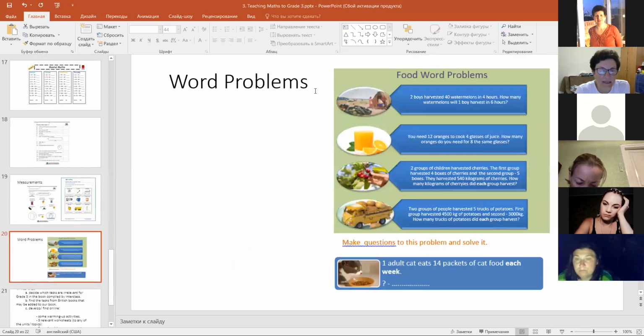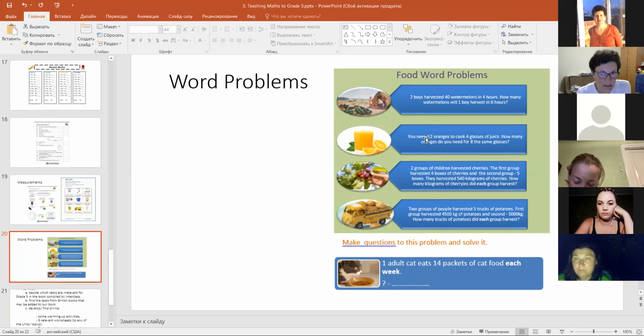And finally, the example of the word problem. This is a word problem created by Anna Viktorovna, our teacher, and this is a typical word problem for the 3rd grade of a Ukrainian school. For example, you need 12 oranges to cook 4 glasses of juice.